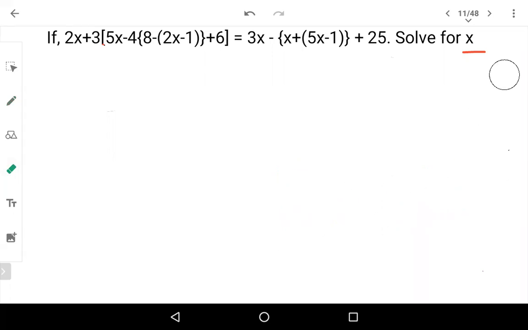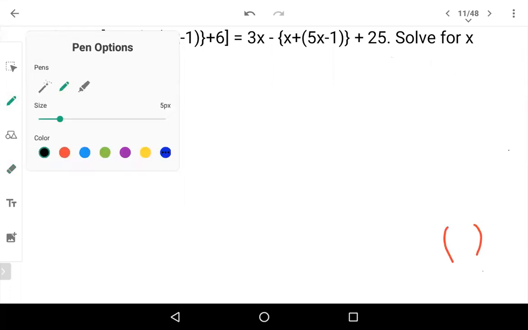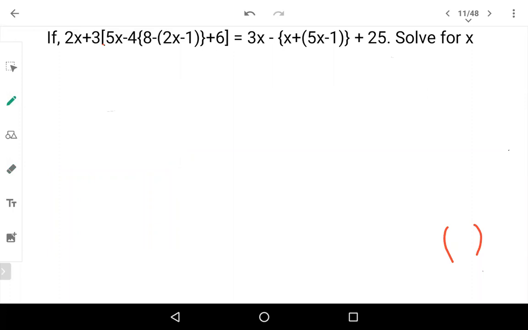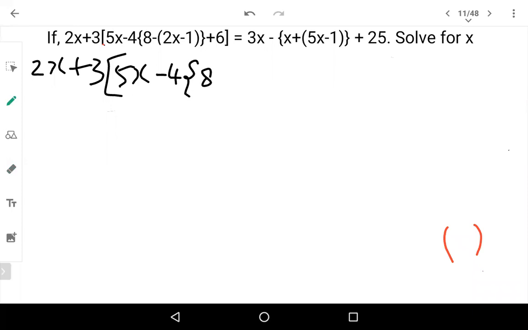First, we are going to solve from the normal brackets. So until that, the rest of the numbers will remain as it is. So here if you see, we will start from 2x plus 3 and then bracket 5x minus 4 flower bracket 8. Now if you see, you have minus 2x minus 1. Correct?